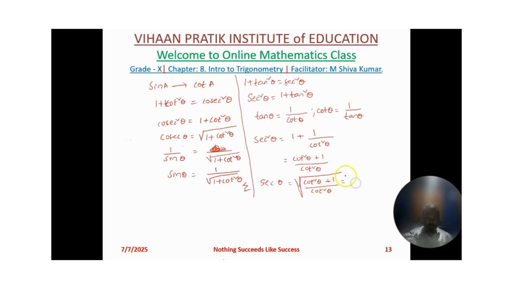So it will be equal to the square root of cot square theta plus 1 divided by cot theta is the answer. And lastly, writing tan theta in terms of cot theta. So simple, tan theta equals the reciprocal of cot theta is the answer.